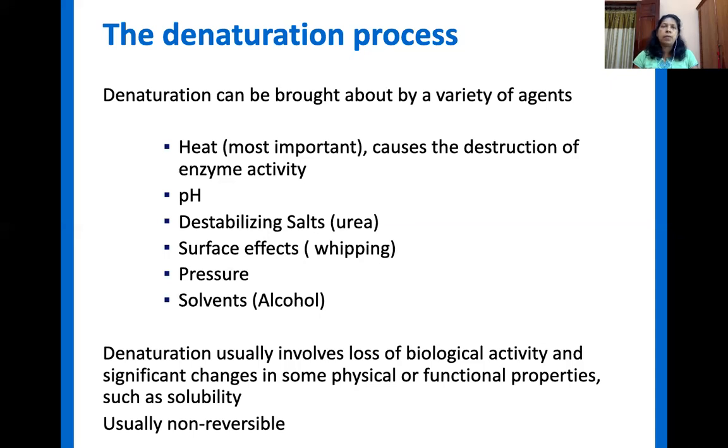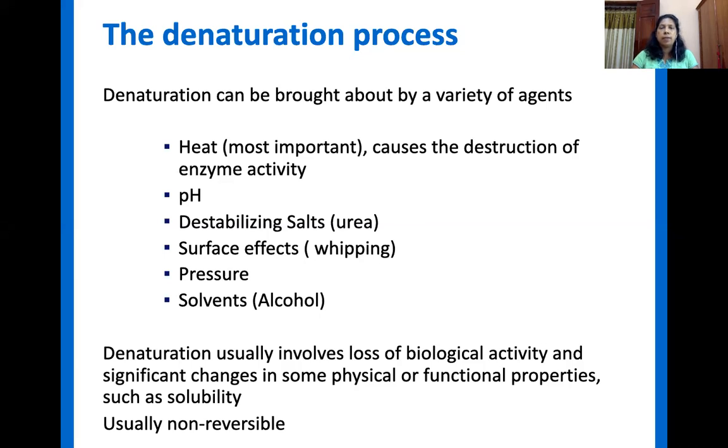Because I mentioned denaturation is really important. Without denaturation we can't go for different types of products or product manufacturing, or get the action of the protein, right? So denaturation can be brought about by a variety of agents. So what are those agents?